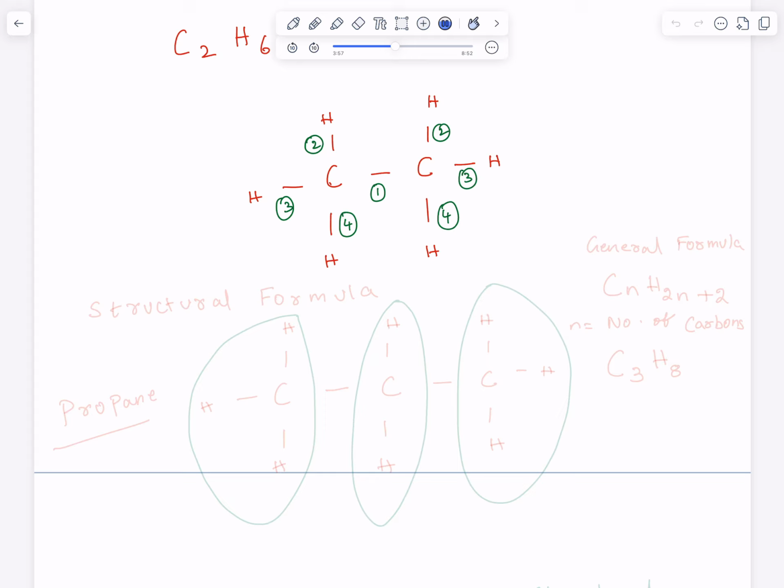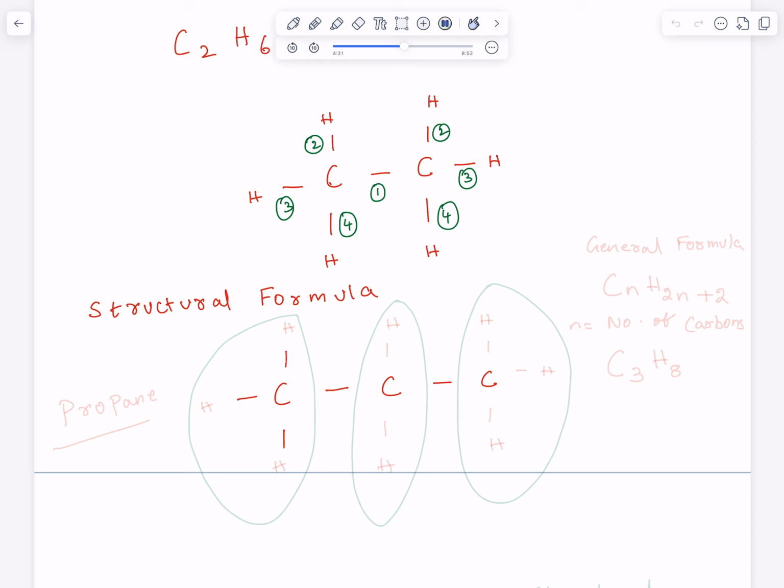Now we will move on to structural formula. When I'm explaining the structural formula, I want you to pause after this and practice a couple of compounds, drawing both the displayed and structural. Pay special attention here. Let me first draw a displayed formula of propane for you. Prop is 3 carbons, so I have drawn out the 3 carbons.